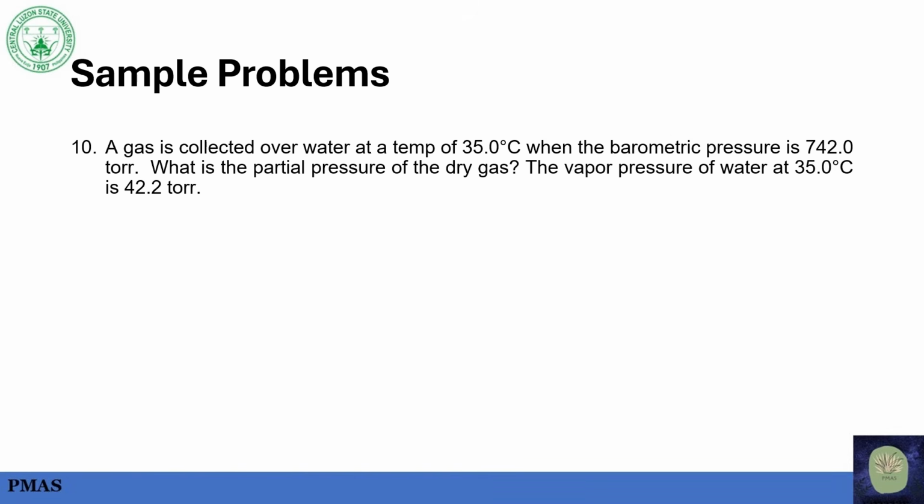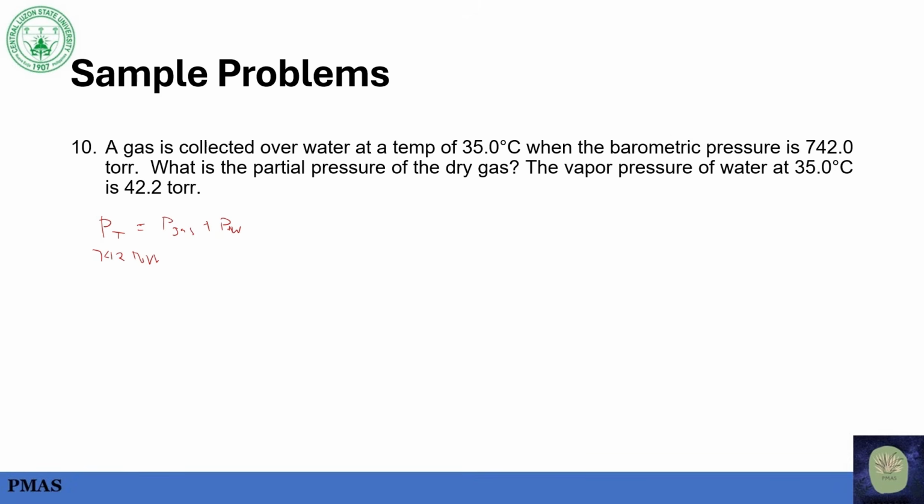So again, the total pressure is the summation of the partial pressures of all gases. Meaning, it is the pressure of the dry gas plus the vapor pressure of water. Now, it is stated that the barometric pressure, which is our total pressure, is 742 torr.